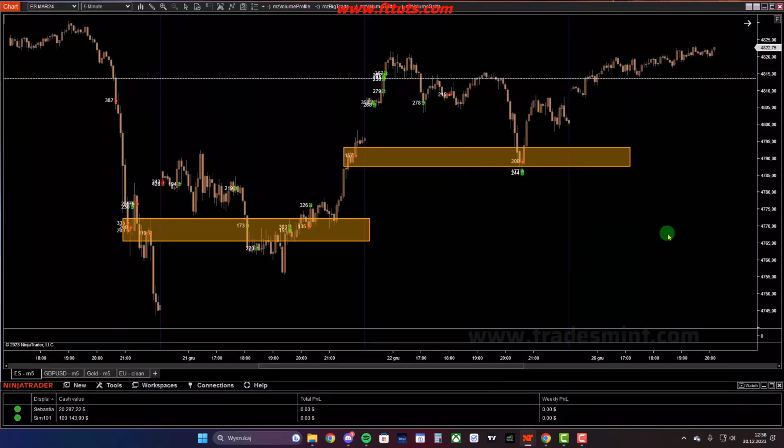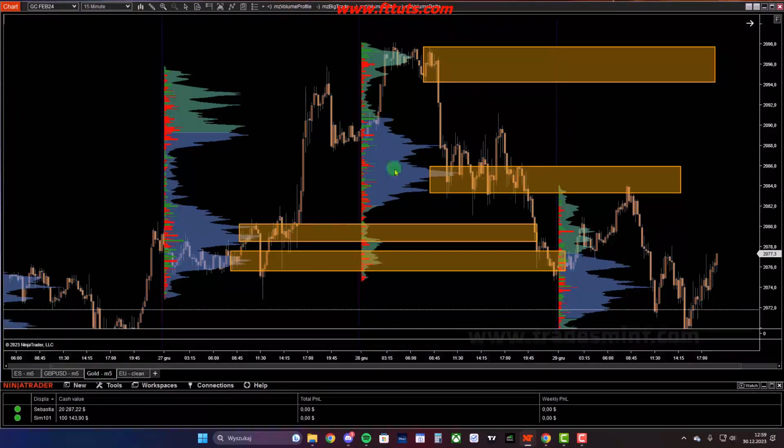So these are the five ways of marking the zones. This is really the strongest. This one honestly can give you a lot of confusion, but I hope that after some time it will be really helpful for you when you see live that a big order is placed.